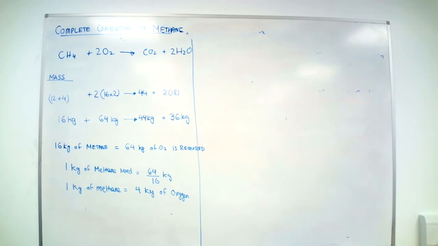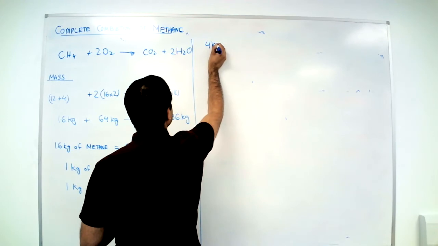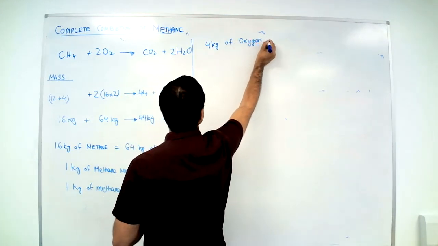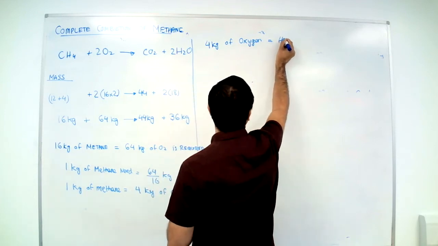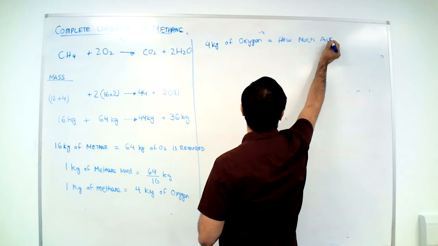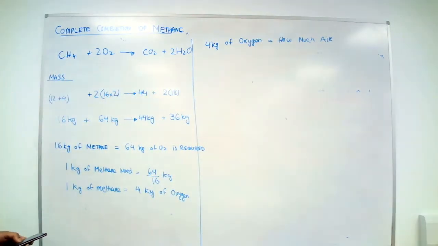Now I need to find out 4 kilograms of oxygen is in how much air. Remember, we are doing the mass analysis.